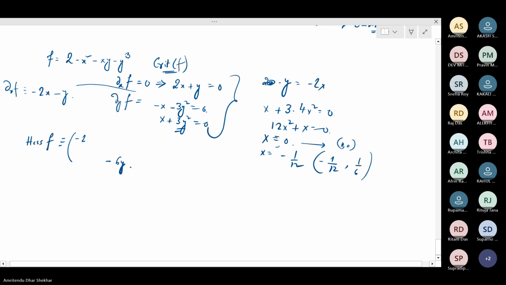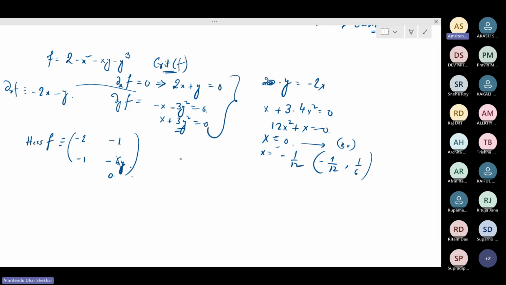Okay, and del x del y is equal to minus 1 here, and del y del x is also equal to minus 1 here. Now of course at the point 0 comma 0, this term is 0.